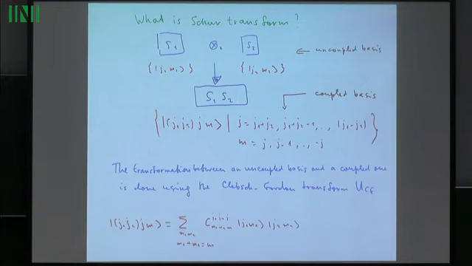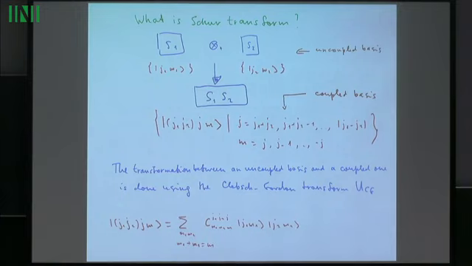It's a tensor product basis here, and we can devise what's called a coupled basis. It's a basis of states that have the following structure. Now J ranges from the sum J1 plus J2 all the way down to the absolute value of their difference, and M goes from J to minus J.